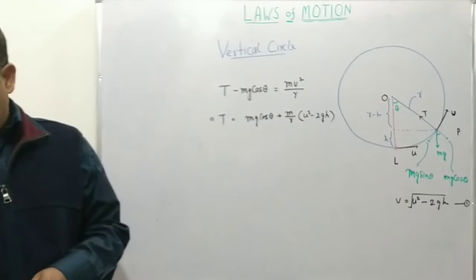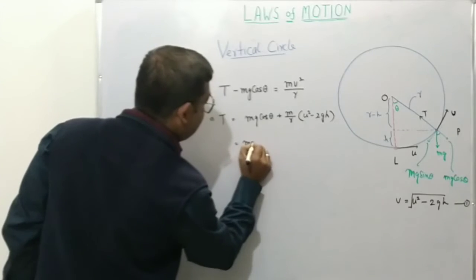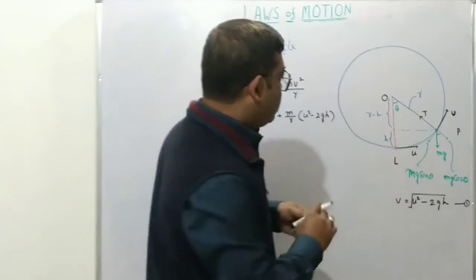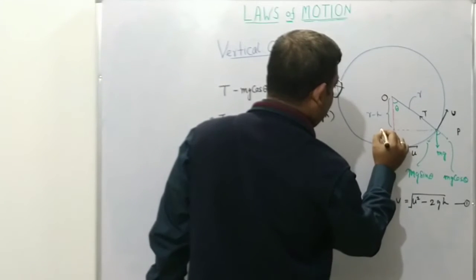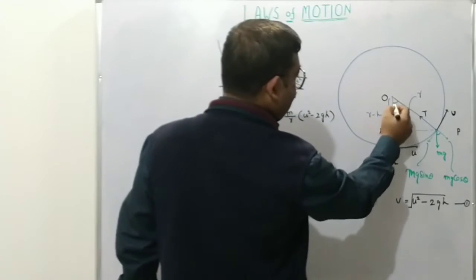Now this is equal to mg. Now if you look at the triangle formed here, O, let's call this any point, say A. OAP, this is theta.